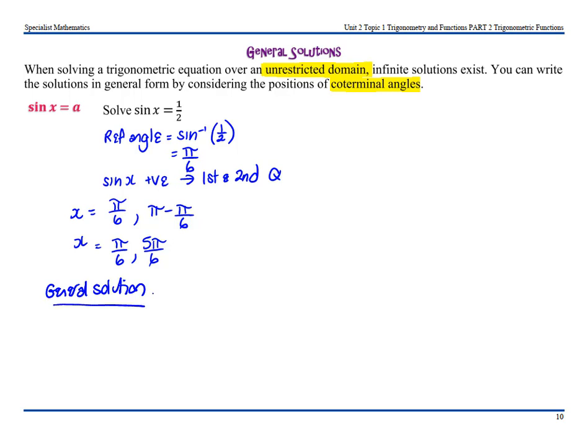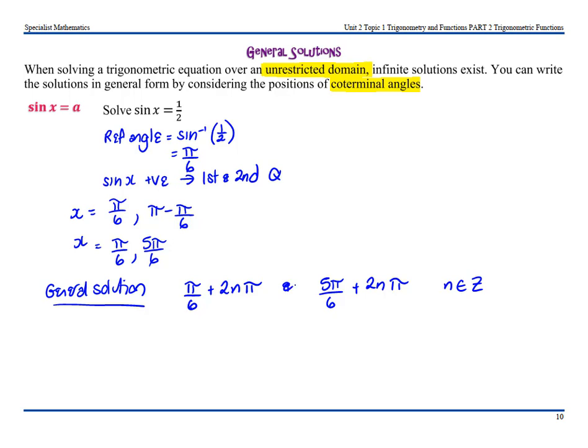we know we can go 2 pi and end up in the same spot. So our general solution for pi on 6 would be pi on 6 plus 2n pi. And for the 5 pi on 6 plus 2n pi, where n can be any integer, meaning it could be negative going in the negative direction, or it can be positive going in the positive direction.